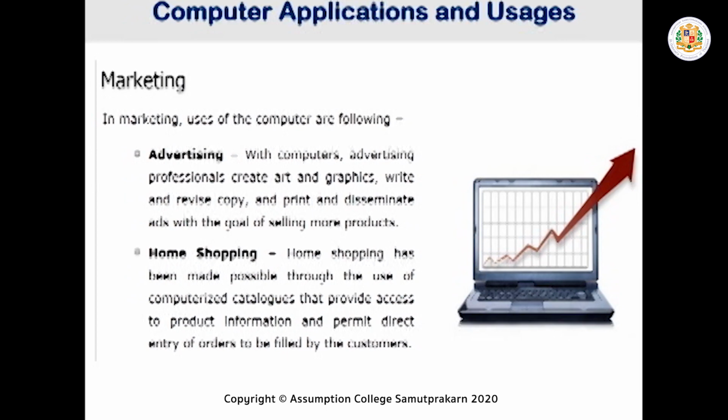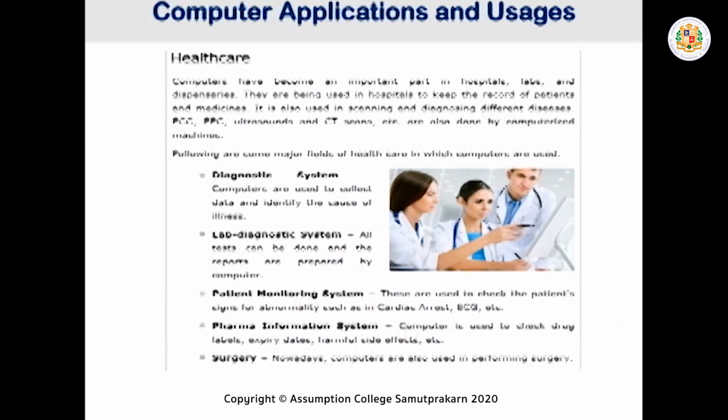A lot. Next, we also have healthcare. In hospitals, you see computers as well for the lab diagnostic system, patient monitoring system, pharma for the medicines, the surgeries, and many more.